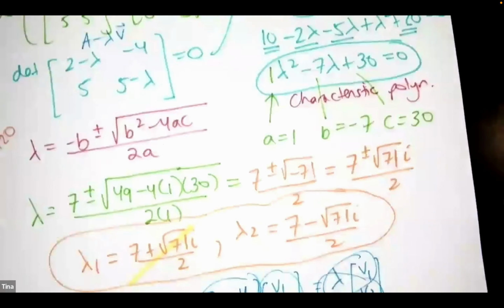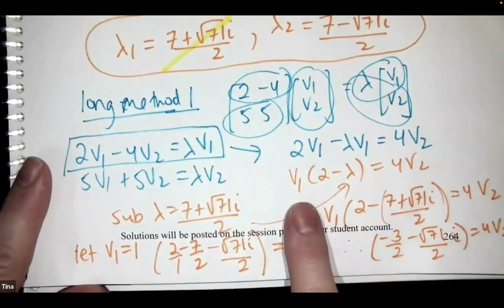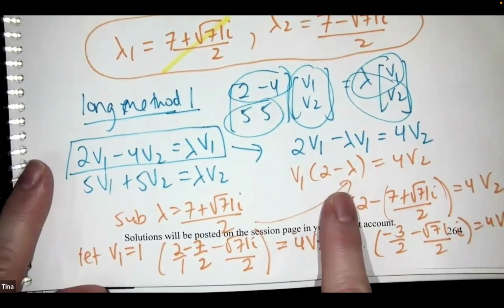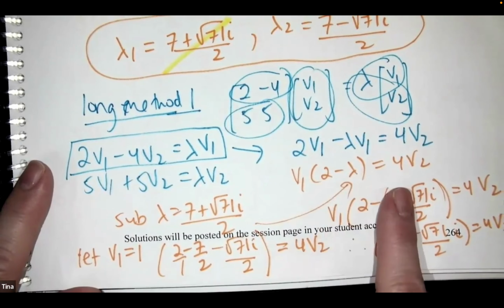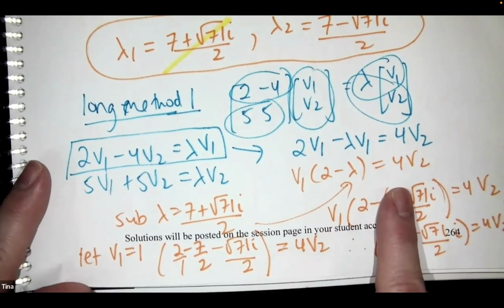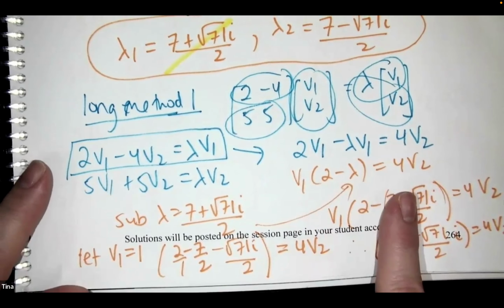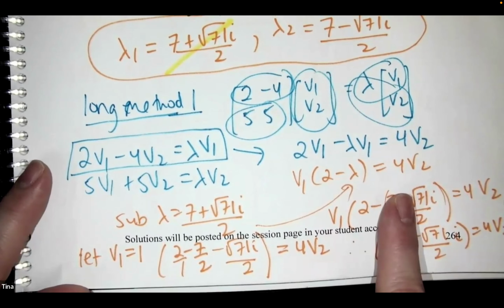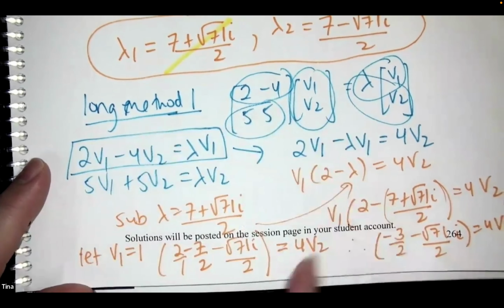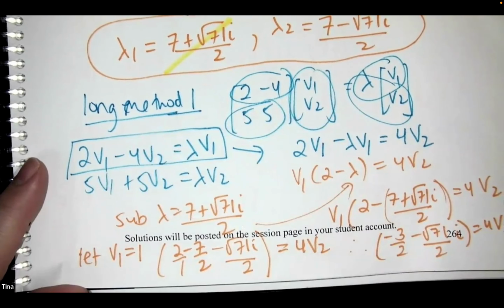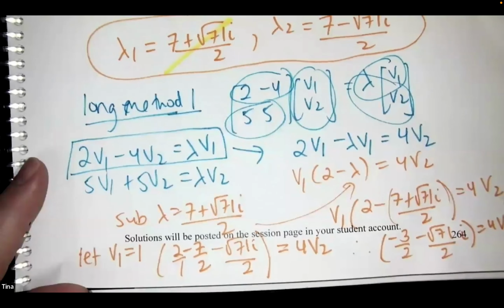So in this method, we have v1 times 2 minus lambda equals, oh, that's because I used the top equation versus the bottom. Okay.